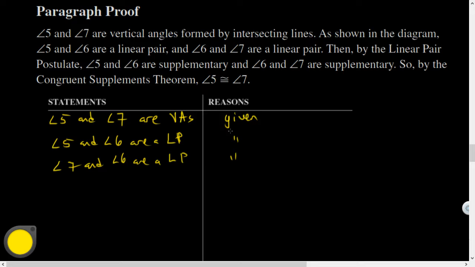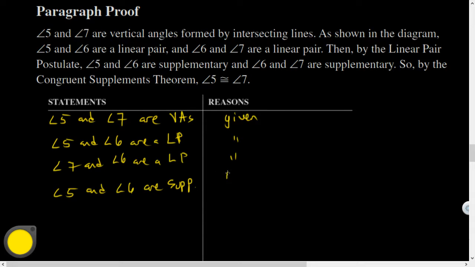Now, if those are both linear pairs, then by linear pair postulate, this statement I could write as measure of angle 5. Nope. I was just going to take the long way instead of using the congruent supplements theorem, which is way better. Let's do that shortcut. Angle 5 and angle 6 are supplementary.